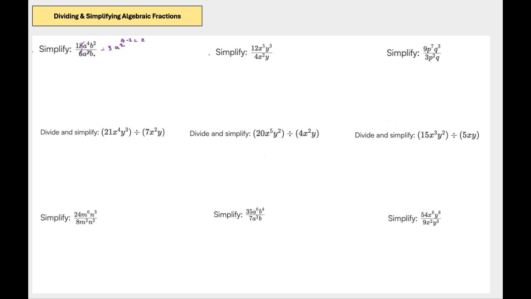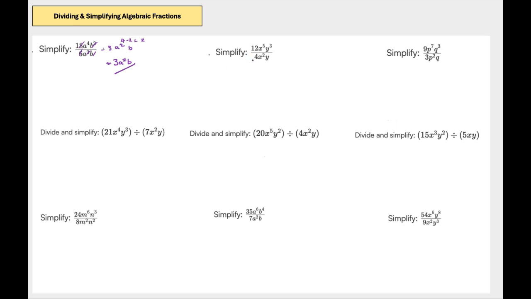And then we have b and b squared, cancel that out, we have 1b. So the answer to this question is 3a squared b. Got it? Do the next one.